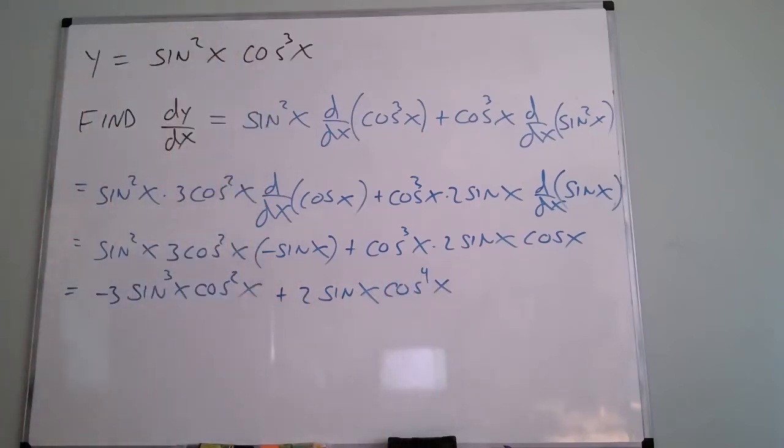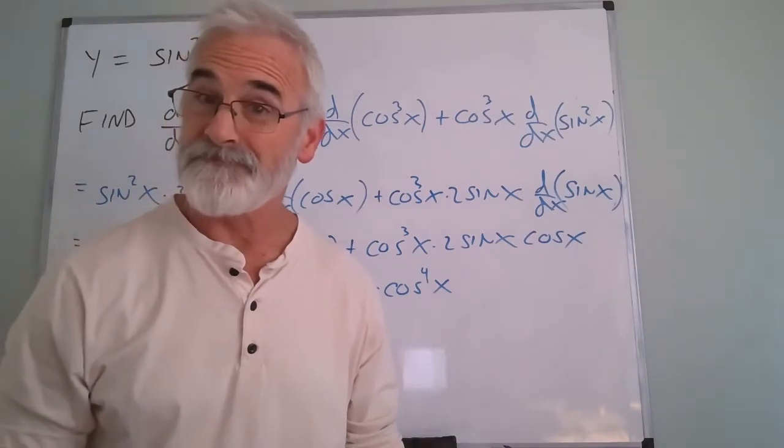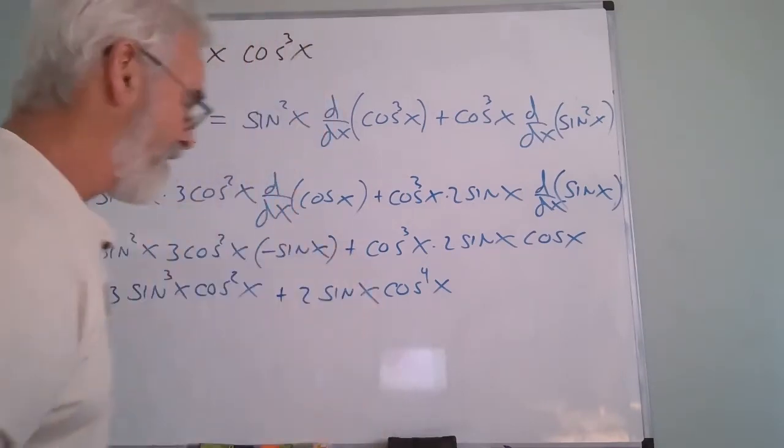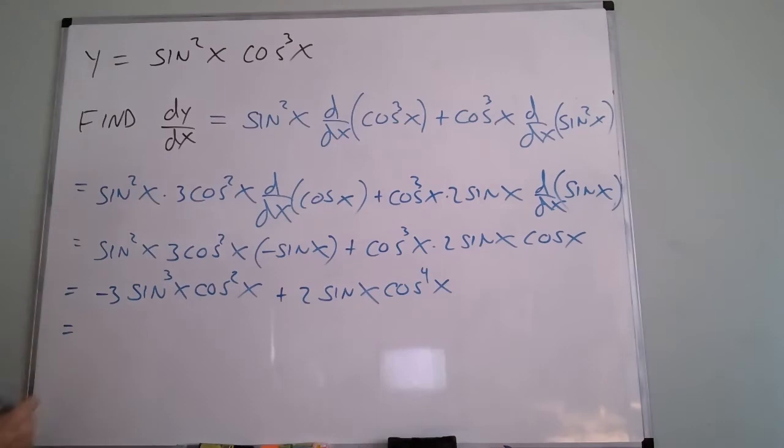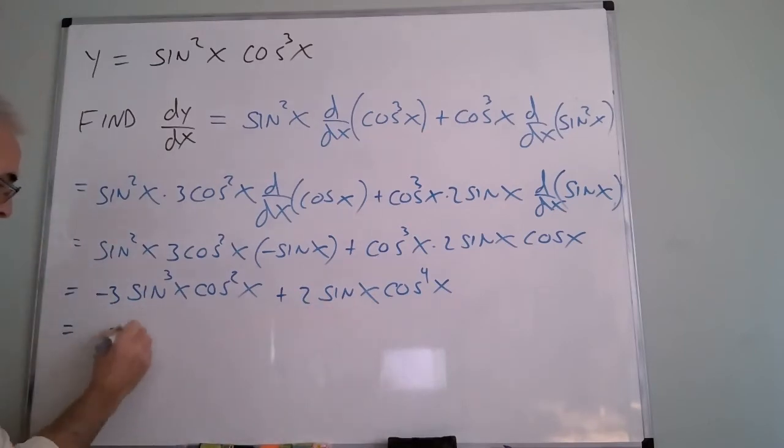Now, is that the best answer I can possibly give? Can I factor this? I think I can factor this. What is common? I have sine to a power, cos to a power, sine to a power, cos to a power. Well, it looks like each term has sine to the first power at the very least.